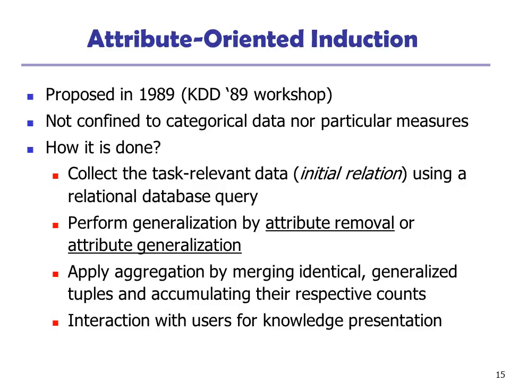How exactly is the attribute-oriented induction performed? Right? So first you collect the task relevant data, or your initial table, using some kind of a database query. Then you're going to do what is called generalization, by removing the attributes which you think are not necessary, and then you're going to generalize some of the attributes.